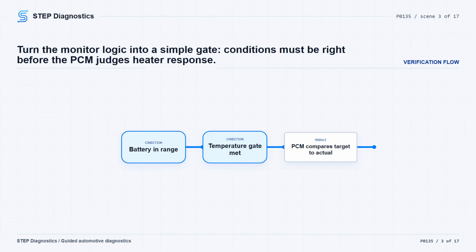This diagnostic runs with the engine running, battery voltage between 11.0 and 15.75 volts, no ambient air temperature sensor fault set, and one of the temperature gates satisfied.